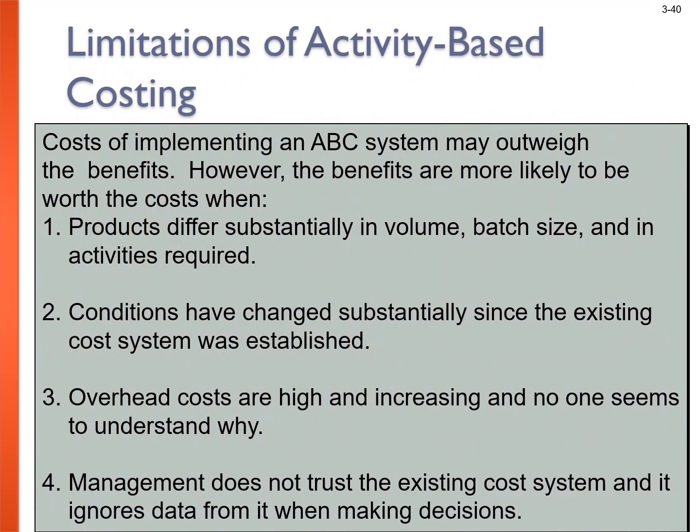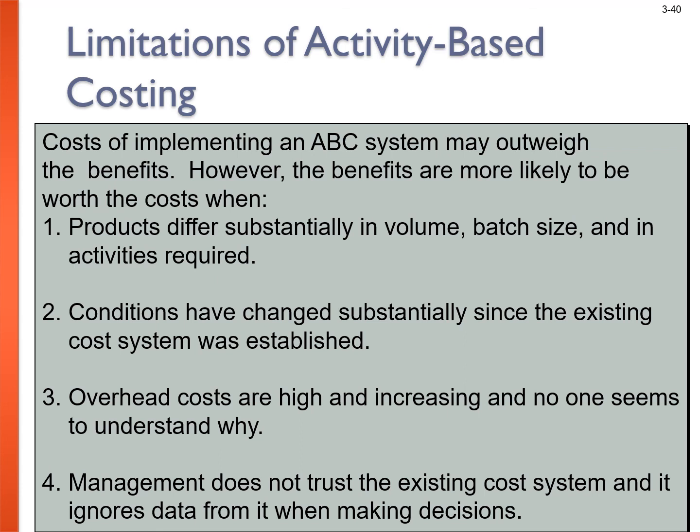Okay, so there are some limitations, of course. The cost of implementing it may outweigh the benefits. However, the benefits are more likely to be worth the cost when you have products that differ substantially in volume, batch size, and in activities required. So not all companies can benefit by using this. If you basically produce the same kind of product all the time, it may not. Conditions have changed substantially since the existing cost system was established.